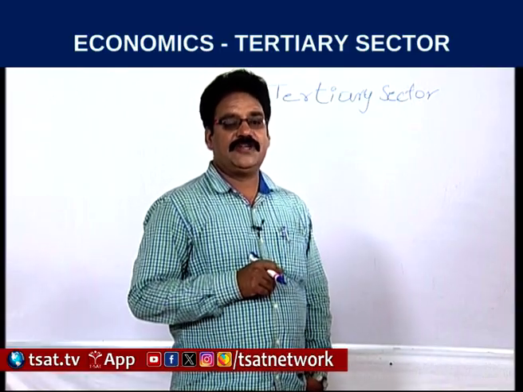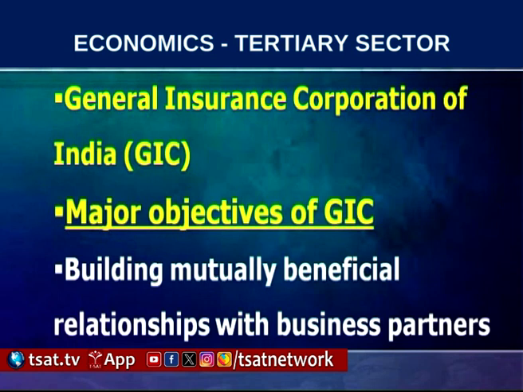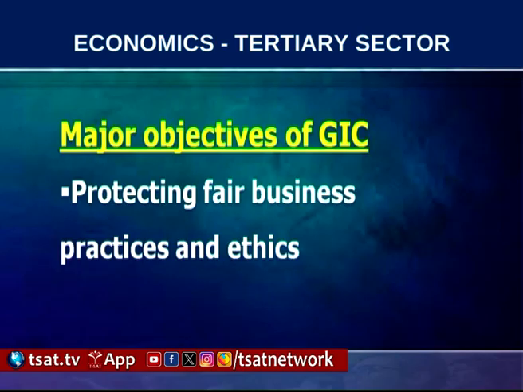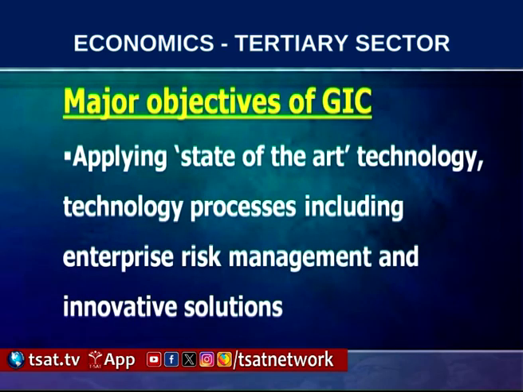General Insurance Corporation. What are the major objectives of General Insurance Corporation? We will discuss them. Building mutually beneficial relationships among the business partners. Protecting fair business practices and ethics.